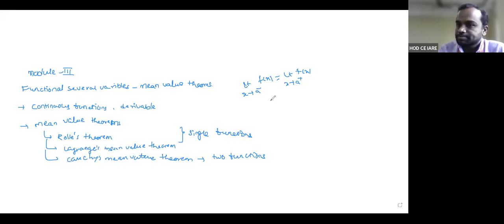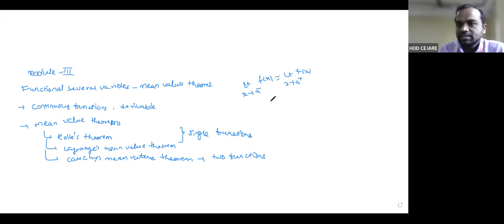Polynomials are also continuous functions, like x square, 1 by x square, and 1 plus x square plus 1. These curves are either increasing or decreasing.